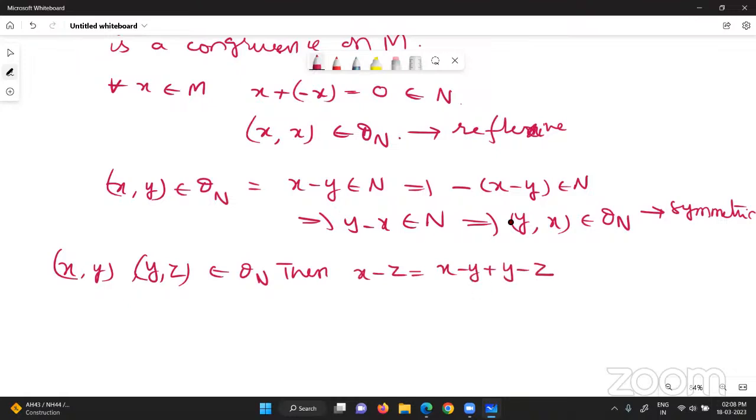So this belongs to theta n, because (x, y) belongs to theta n means x minus y belongs to n, and (y, z) belongs to theta n means y minus z belongs to n. So you have x minus z belongs to theta n. So theta n is transitive.